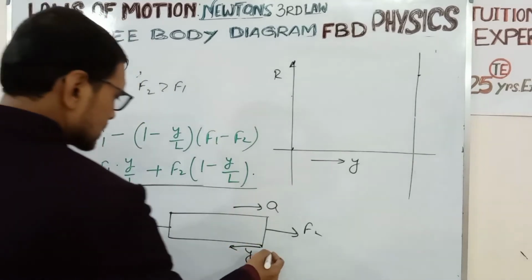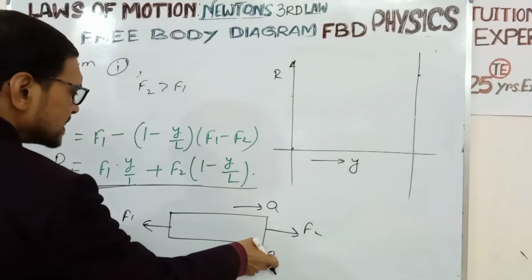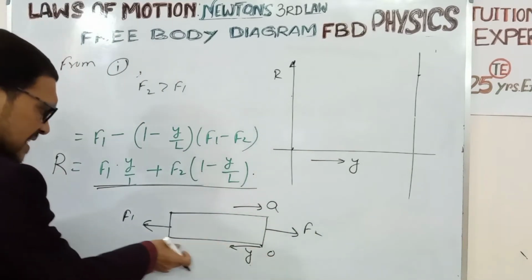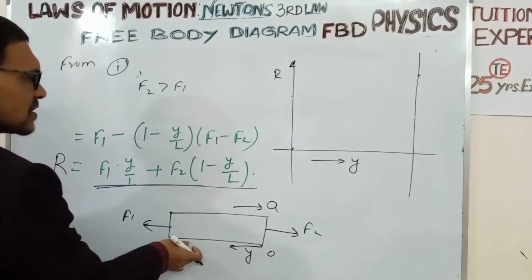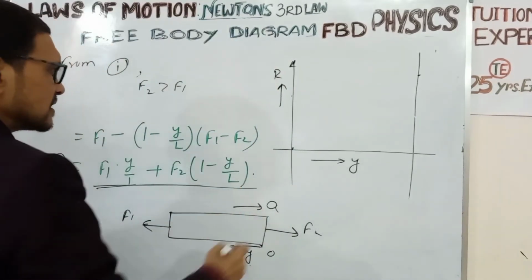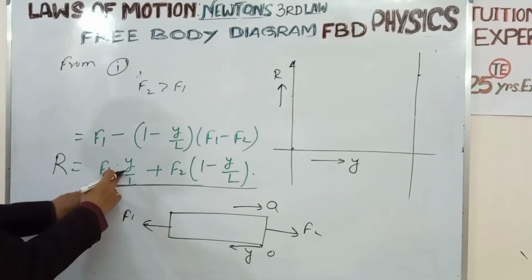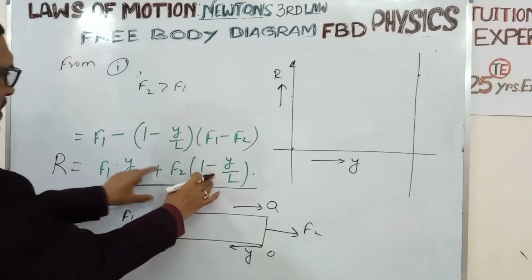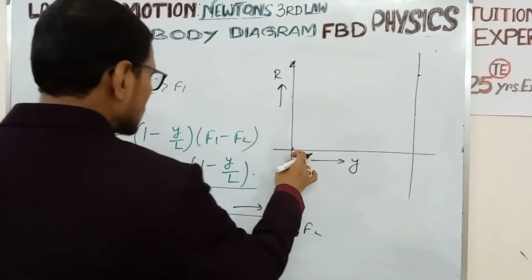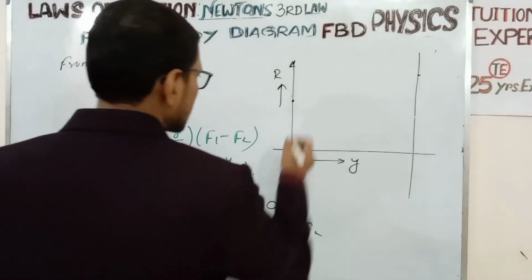Now if we draw the reaction versus y, with y taken from this end, the reaction varies as we move in this direction. If we draw reaction on the y axis and y along the x axis, then when y equal to 0, from this we get F2. So when y equal to 0, reaction is F2.